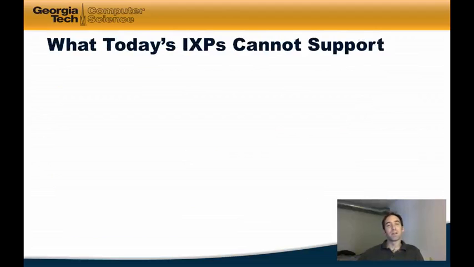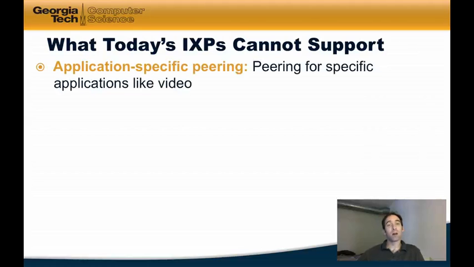Today's IXPs cannot support many different functions that might be attractive to network operators. For example, it's not possible for ASs to engage in application-specific peering or peering for specific types of applications. It wouldn't be possible, for example, for Netflix to peer with Comcast, but only for video streaming traffic. Peering today is all or nothing.